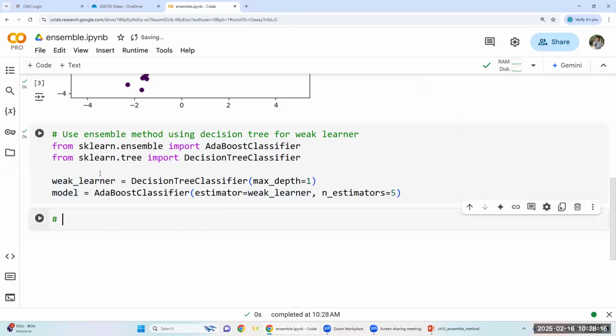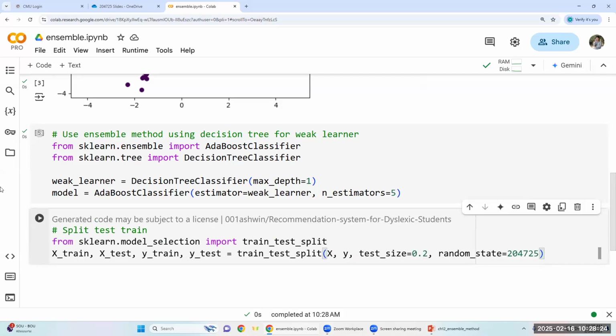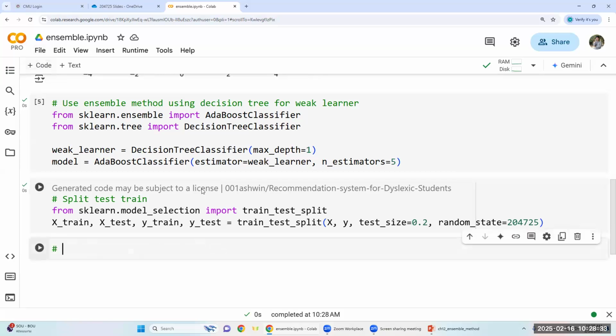So let's do the train test split first. So we have the x test. And then we will try to use only the weak learner. We want to see what is the accuracy of just one classifier on this data set.